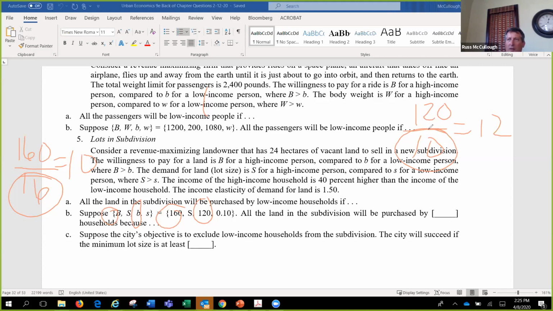Do we have to use part A for this or not? So yeah, it is willingness to pay for sure, right? So to Luke's point, we've got 160 is the willingness to pay. So big B is the willingness to pay for land.